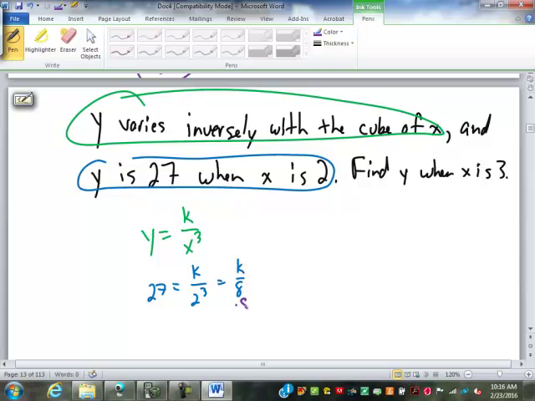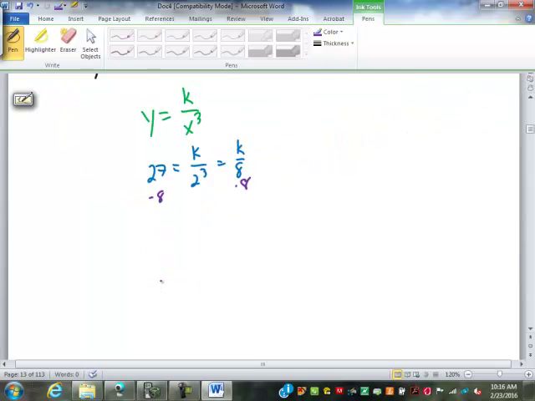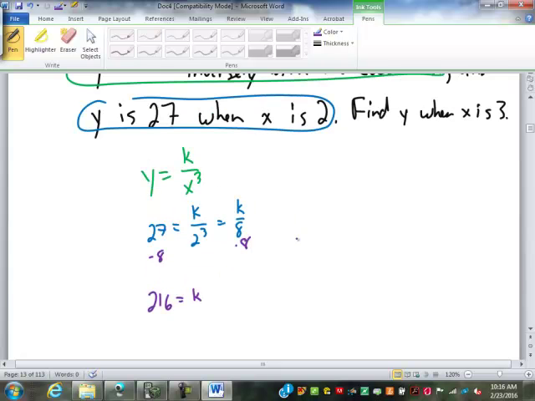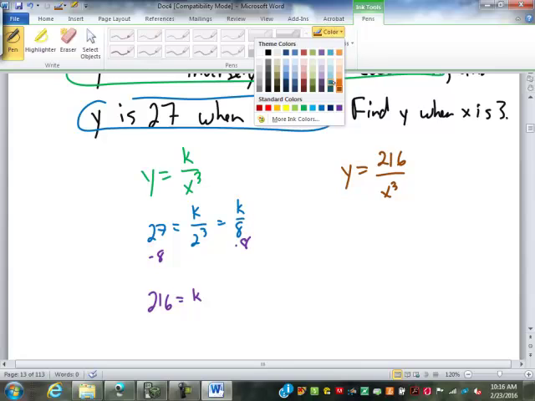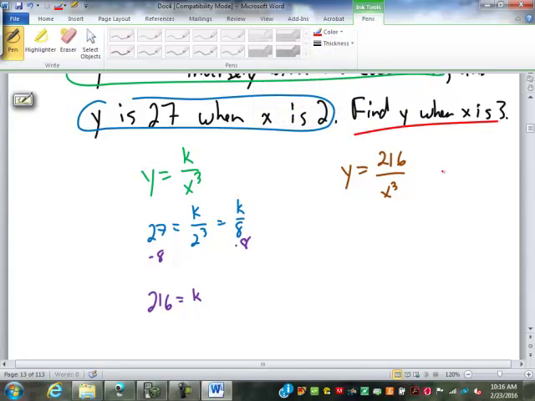So we're going to multiply by 8. 216 equals k. So that tells us y equals 216 over x to the third. And then find y when x is 3. So it's 216 over x to the third, which is 216 over 27, which is 8. We've got 8.